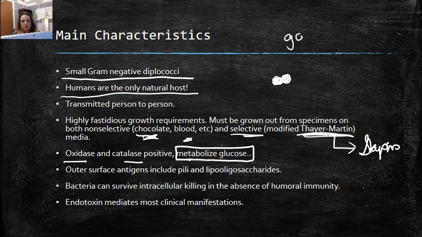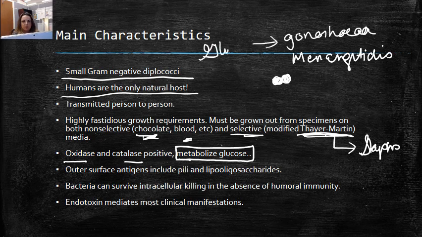So if we rank gonorrhea higher than we rank meningitis, okay? This is a terrible spelling of meningitis, but you get the picture. Gonorrhea does glucose. Meningitis does glucose plus maltose, okay? So you can kind of think of it in that way.